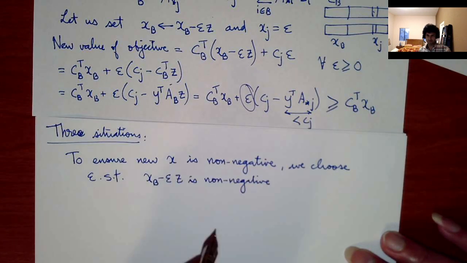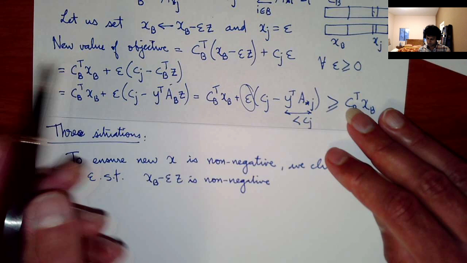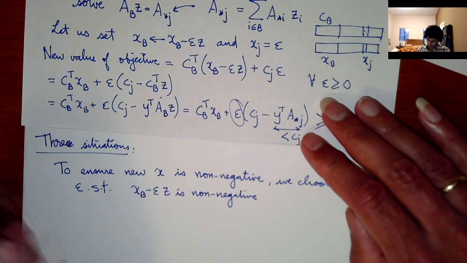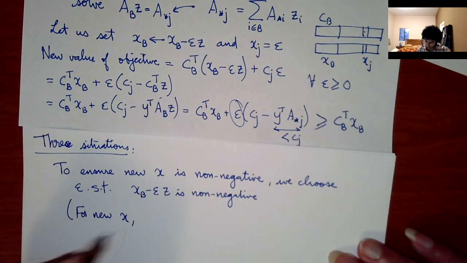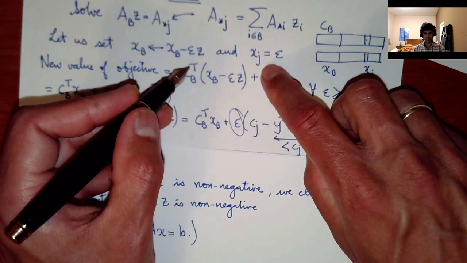I should say that just as in the previous proof, you can show that for the new x, Ax is equal to b. This is exactly like the calculation of the previous proof, and that's why you chose this in such a way.